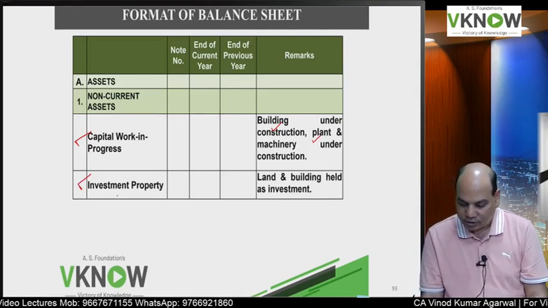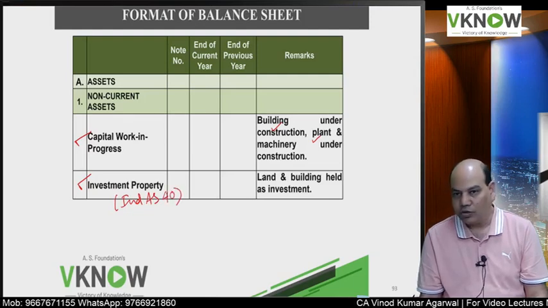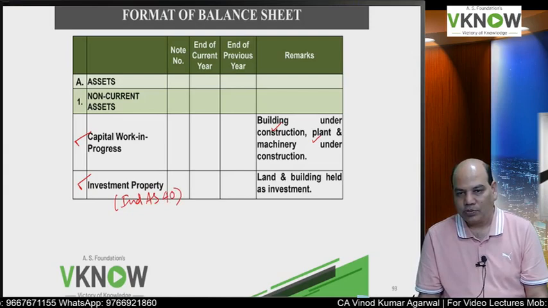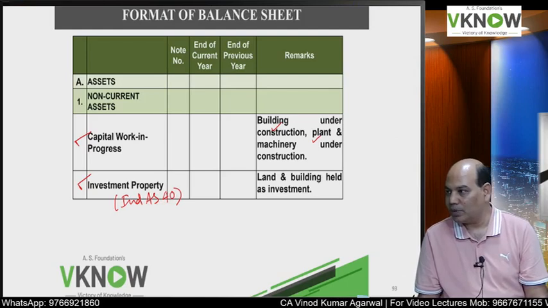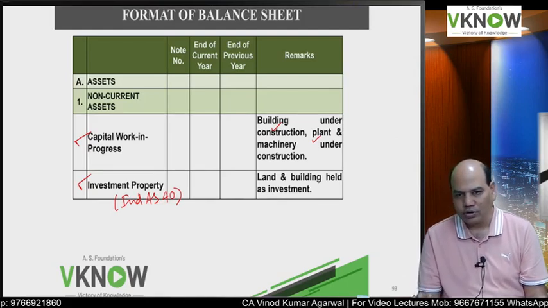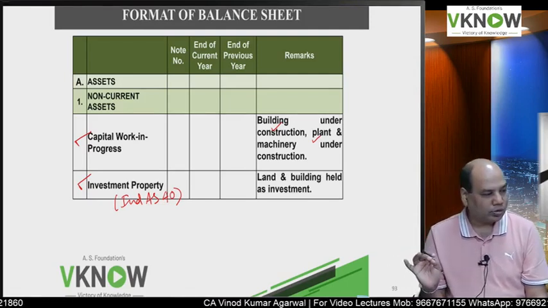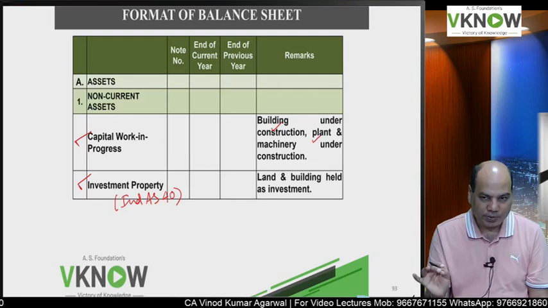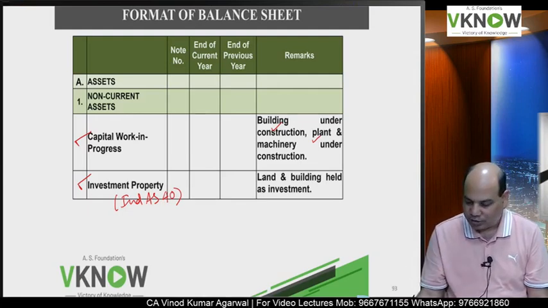There is a standard on that, Ind AS 40. Investment property means investment in land and building for earning rent or capital appreciation, not for use in the business. Don't write it now, it will come in Ind AS 40. The main objective is to earn rent or capital appreciation, like investment in land, investment in real estate.